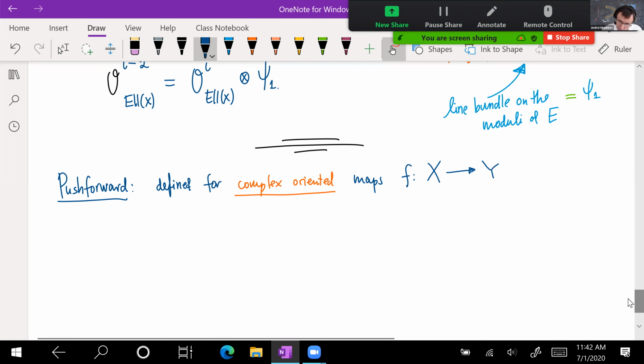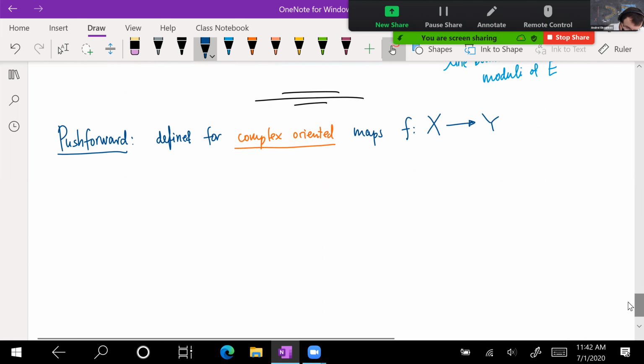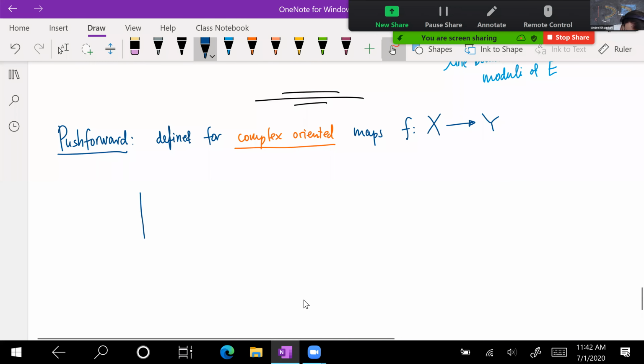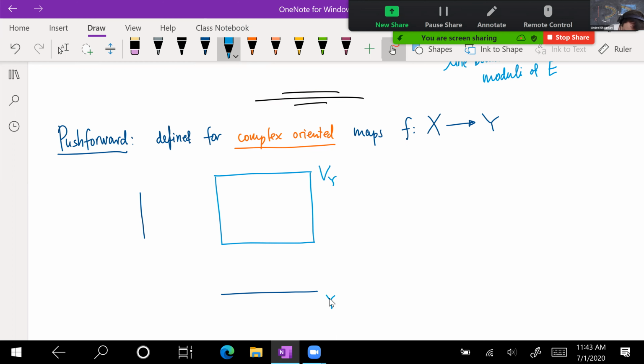So the map is called complex oriented if I can factor it. So I have my space X, and I have my space Y, and then I have a total space of a complex vector bundle over Y. So this is this V over Y, and this map here P is a complex vector bundle.